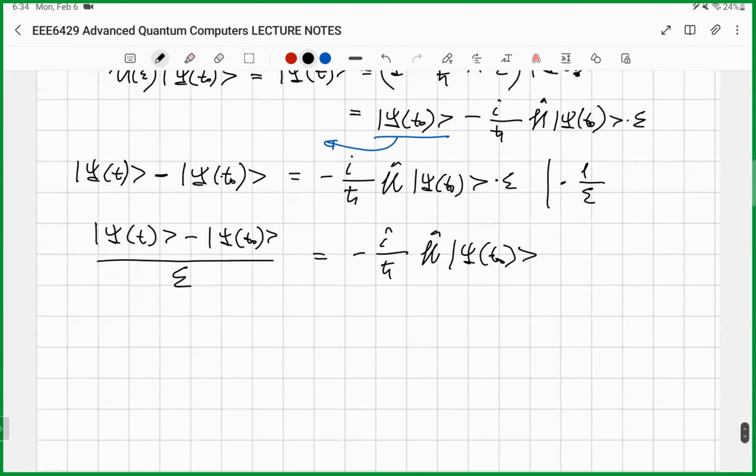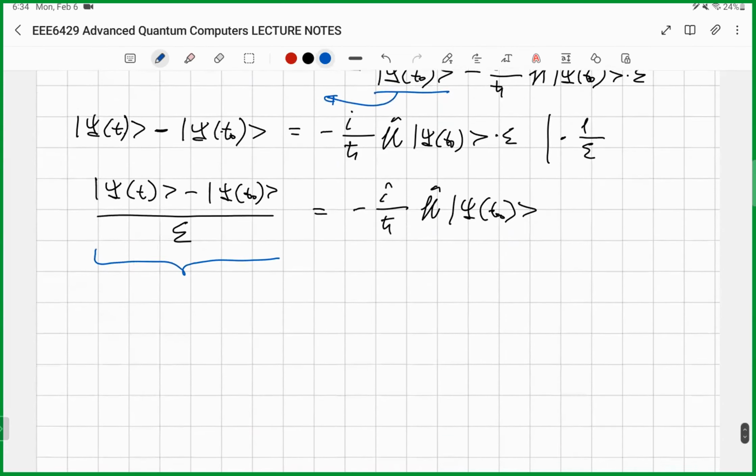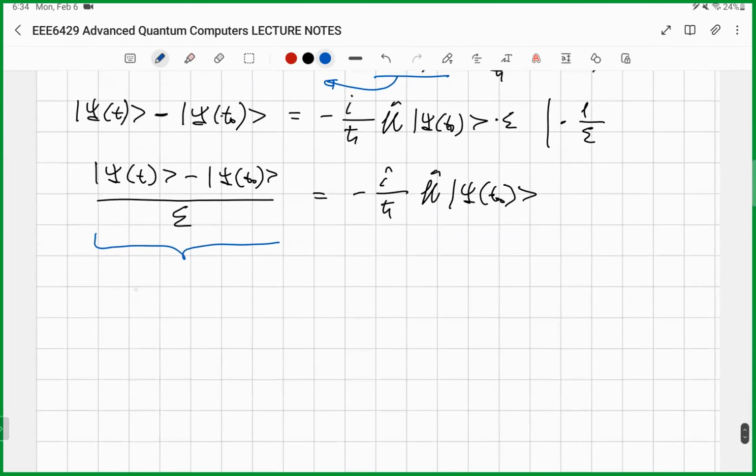Very good. So now, what is this? This is the change of a function upon a small change of the argument, right? So this is nothing but the partial derivative of psi over t.